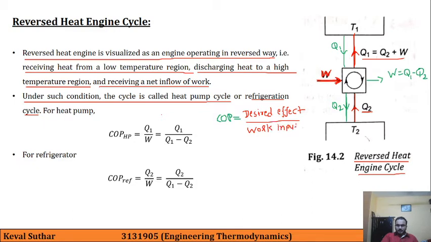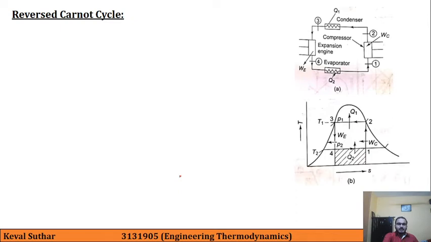In case of heat pump, the desired effect is Q1, and in case of refrigerator, the desired effect is Q2. Now our next theory is the reversed Carnot cycle.